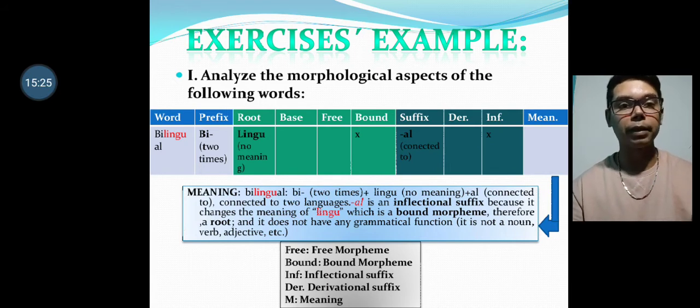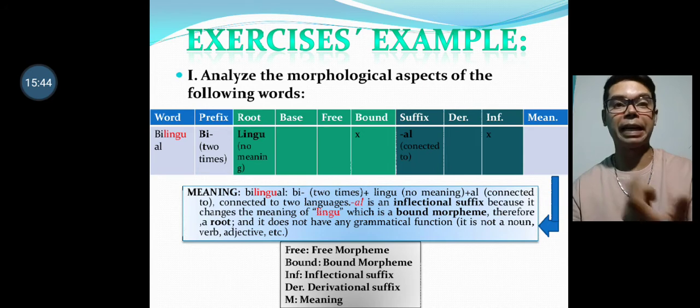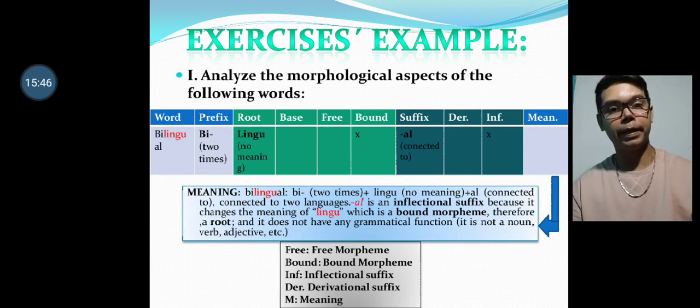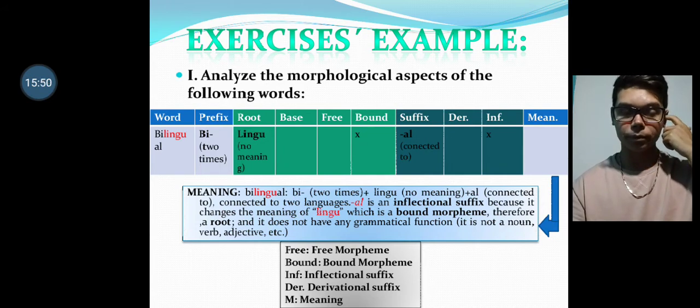We have the word bilingual, which are bi, which means two times, lingu, that has no meaning. Y como lingu no tiene ningún significado por sí sola, yo sé perfectamente que esto es una raíz y no es una base. Bi, voy a decir entonces que es un prefijo, porque le antecede a la raíz, y ese prefijo tiene un significado que se traduce, we have there two times.